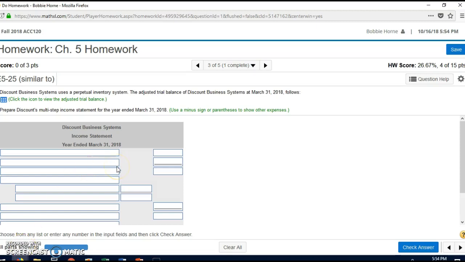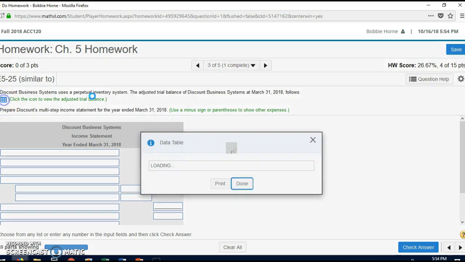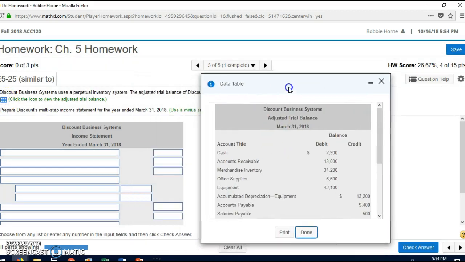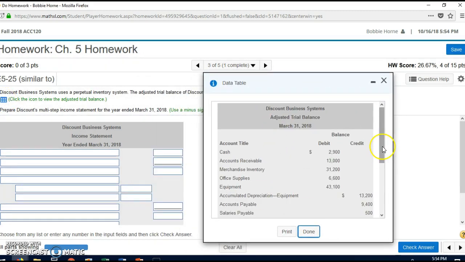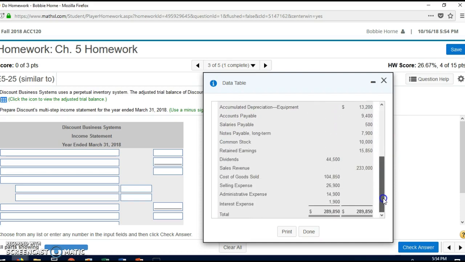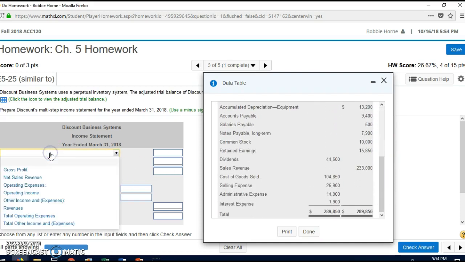Okay, in this homework problem number 3, we're going to do a multi-step income statement. So on your income statement, you're going to look at the trial balance, and the first thing that goes on there is your revenue.